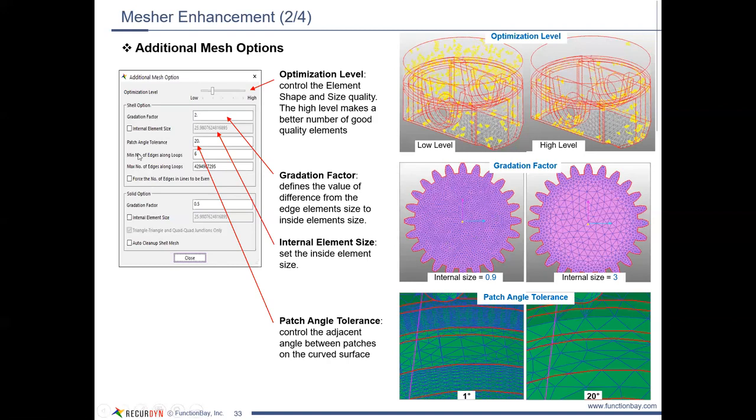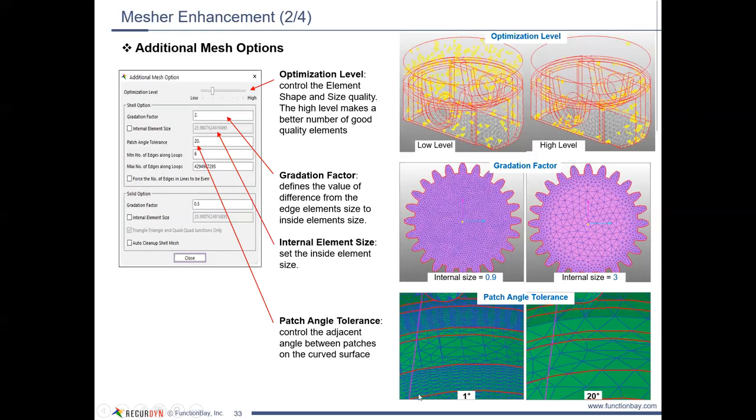The next one here is patch angle tolerance. When you have a curved surface and you're going around the curvature, it's going to control the angle between these patches on this curved surface.